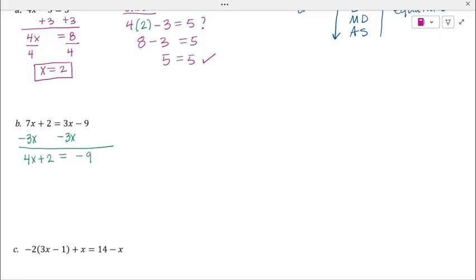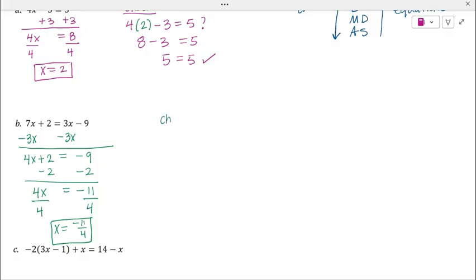And then I will subtract 2 from both sides to move that over to the right. And then we'll divide both sides by 4. So we think that our final answer is negative 11 over 4.